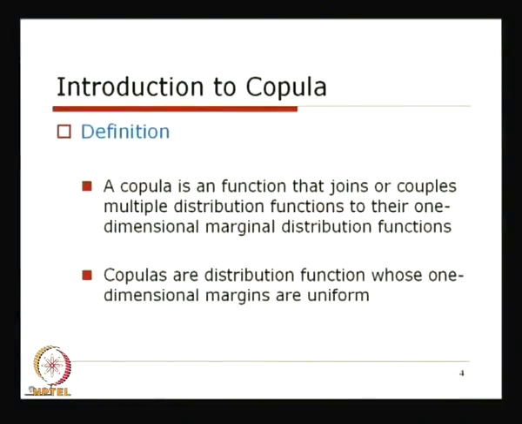If that cumulative distribution function properly represents the data, then converting the original data set to its cumulative distribution function converts it to the range between 0 and 1, and that becomes a uniform distribution. These can be joined together to obtain that function which is known as a copula. That is why copulas are distribution functions whose one dimensional margins are uniform.